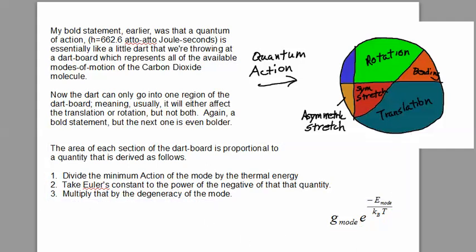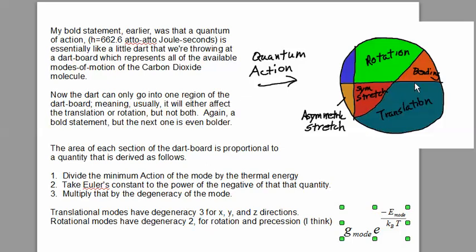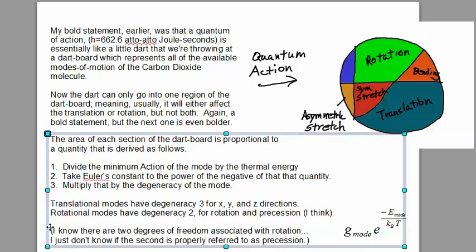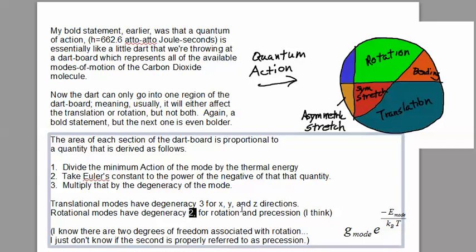The translational mode has degeneracy 3 for the x, y, and z directions, and the rotational modes have degeneracy 2 for rotation and precession, I think. I mean, I know that there are 2 degrees of freedom associated with rotation, but I just don't know if the second one is properly referred to as precession.